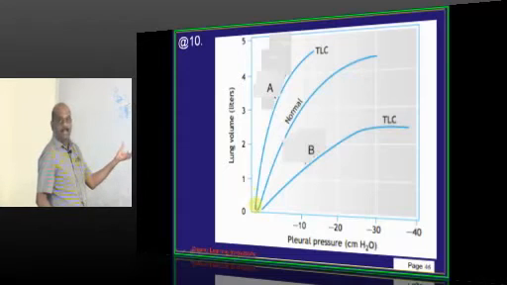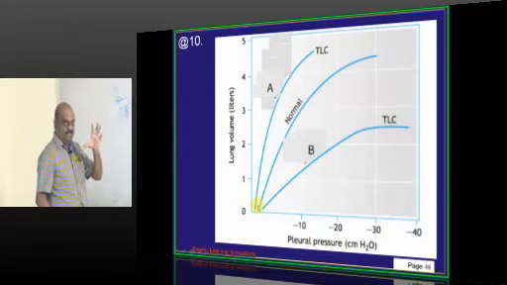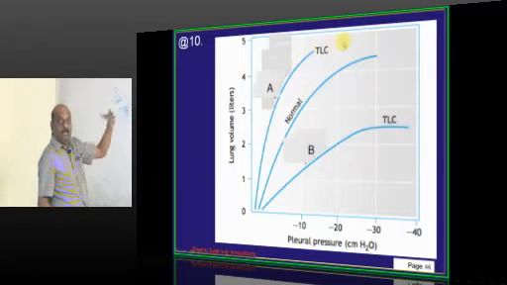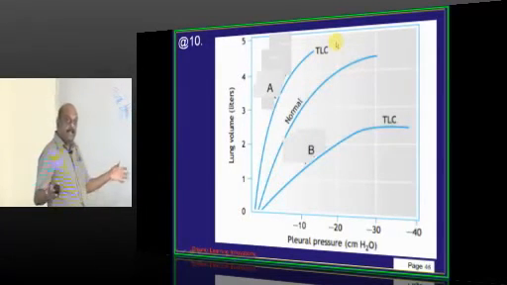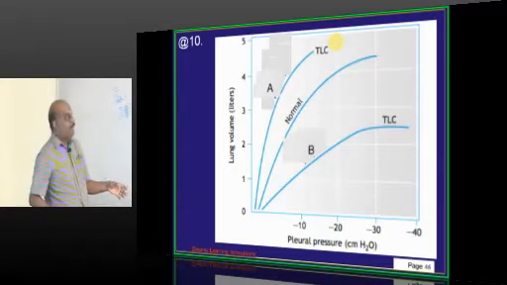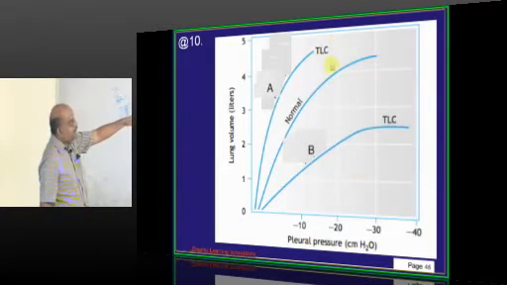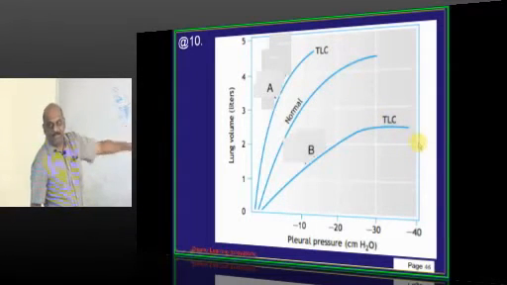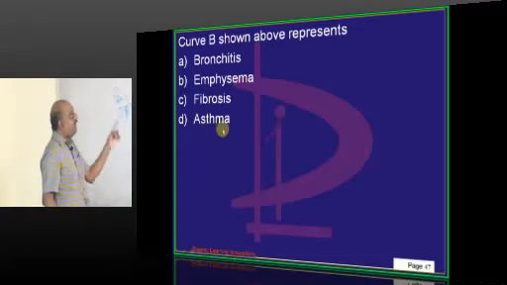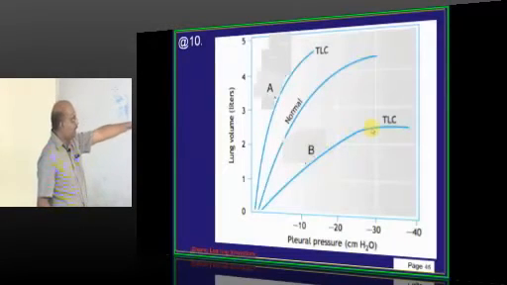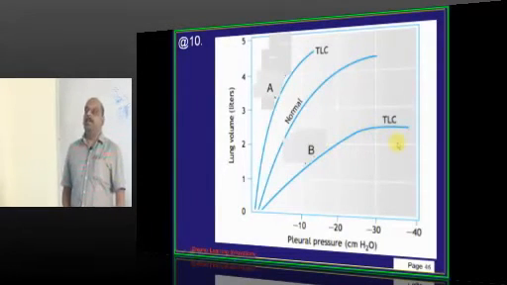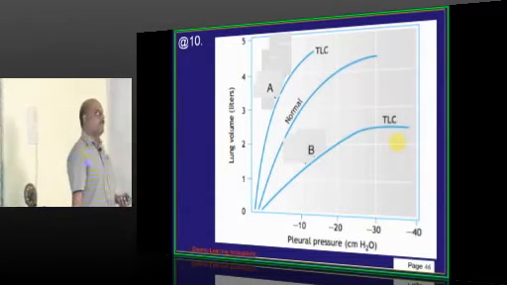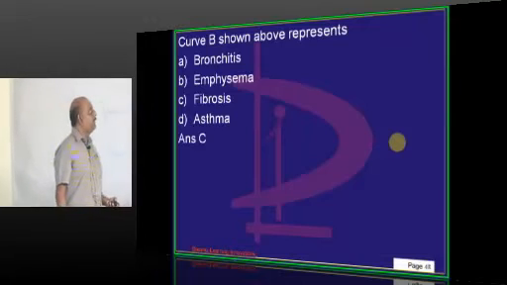Whereas here, just like a balloon, with little pleural pressure only, lung volume achieved is higher and the lungs are getting hyperinflated. This is a scenario of obstructive lung disease and this is a scenario of restrictive lung disease. That's the reason fibrosis will lead to curve B, which is what you need to understand. Curve B is what you should appreciate.